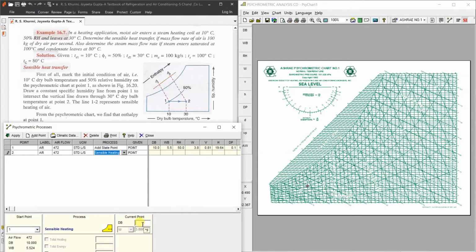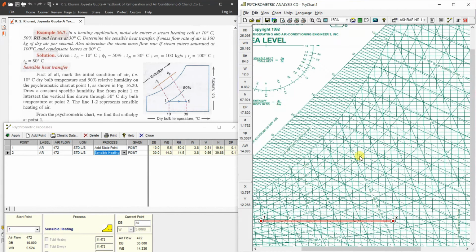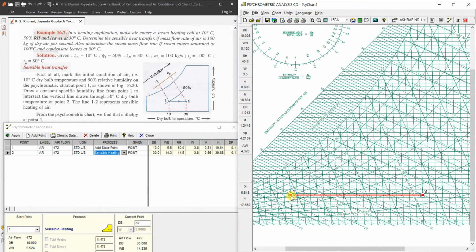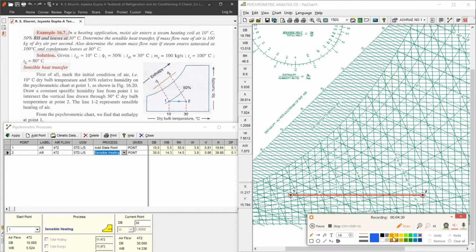So dry bulb temperature is 30 degrees Celsius for point number 2. Then click apply. Now you can observe we have point number 1 and point number 2. The process will be from left to right on the psychrometric chart. So this will be the direction of the process. This process is the sensible heating process.